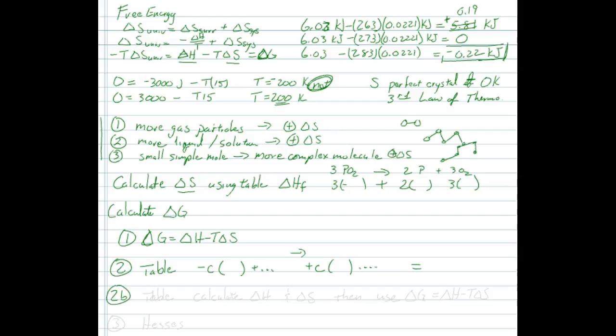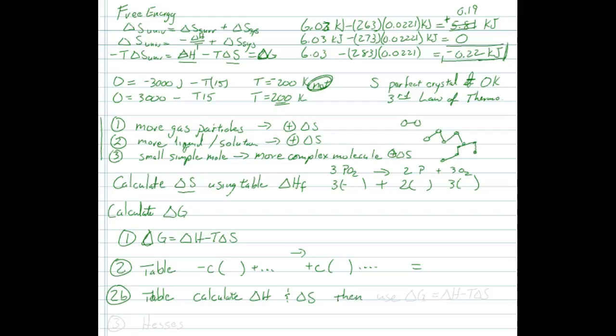2B is using the table again, except you have to calculate delta H by the above method and delta S by the above method.